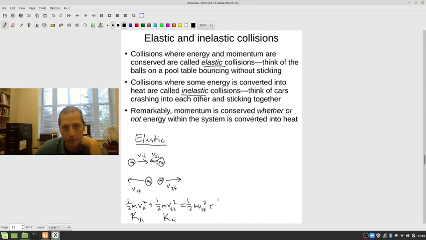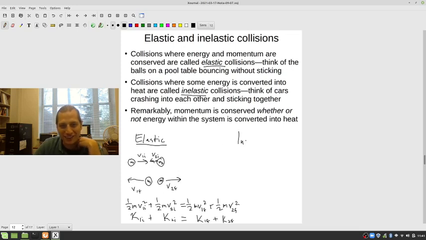And then you add up the kinetic energies of both particles at the end. Their speeds are going to potentially be different, but the total sum of our kinetic energy is the same. Okay, so that's what defines an elastic collision, and that is a very special case. That is not usually what happens. This only happens in cases like pool tables, and that's about it.